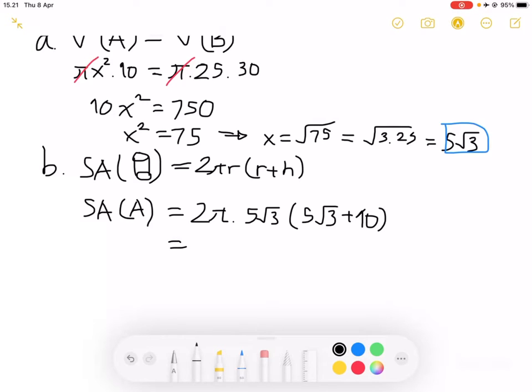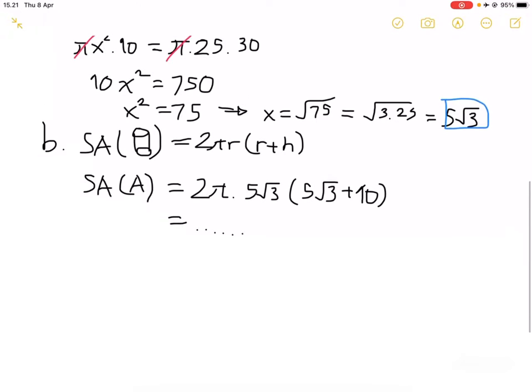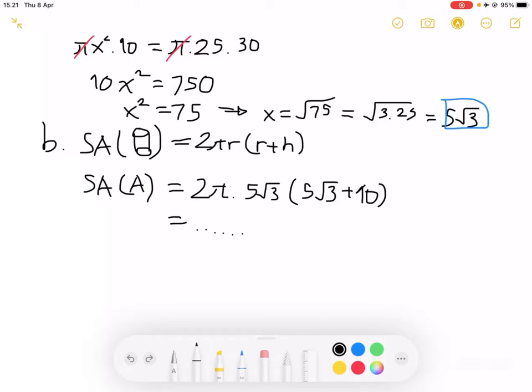Alright, and I'll just let you do the arithmetic here. You can either plug this into a calculator, or you can plug in the value of pi, which is 3.14 or 22 over 7. That's some arithmetic that you need to work there.